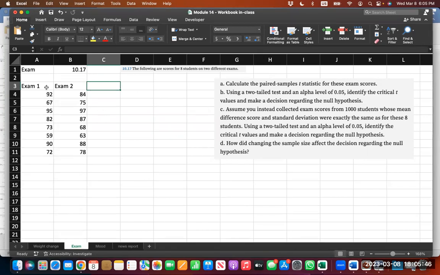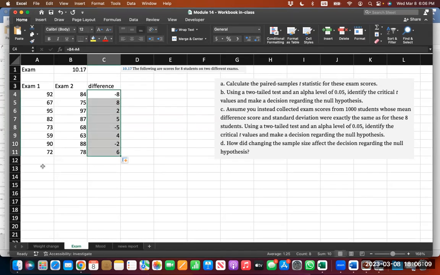Basically, you're looking at the scores for exam 1, exam 2. The same concept applies. You treat this as a scale, normally distributed variable. So you have differences. You calculate exam 2 minus exam 1, assuming that exam 2 is after and exam 1 is before. You calculate the averages.